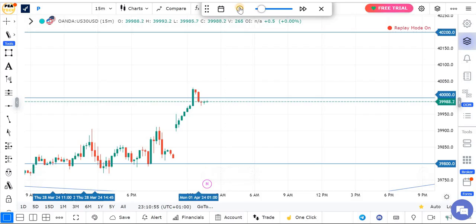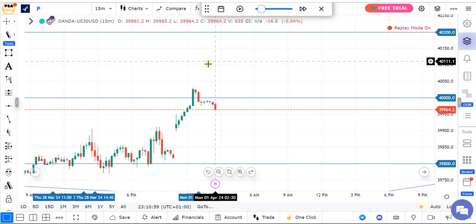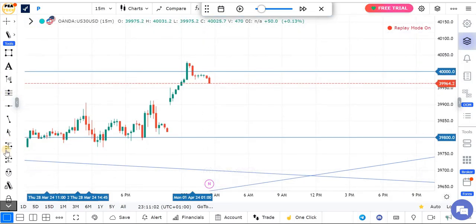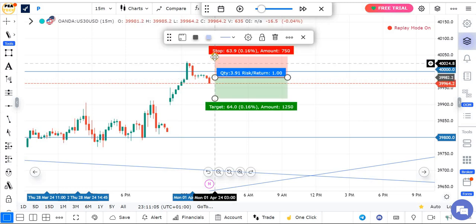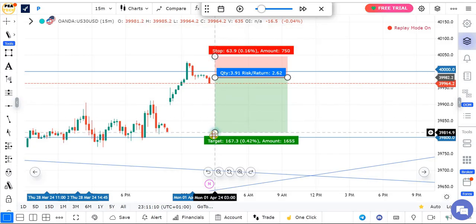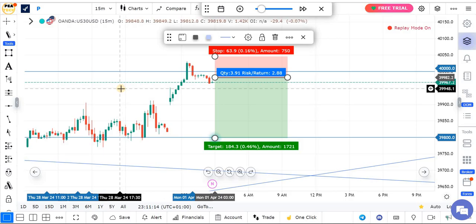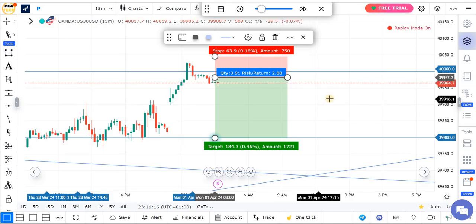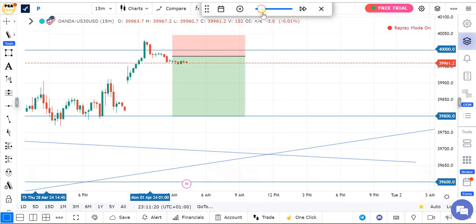So let's observe and see what will happen. So here you can take your short entry here, right? Stop loss should just be above the high, and the target is the psychological level, right? So let's watch and see how this comes out.